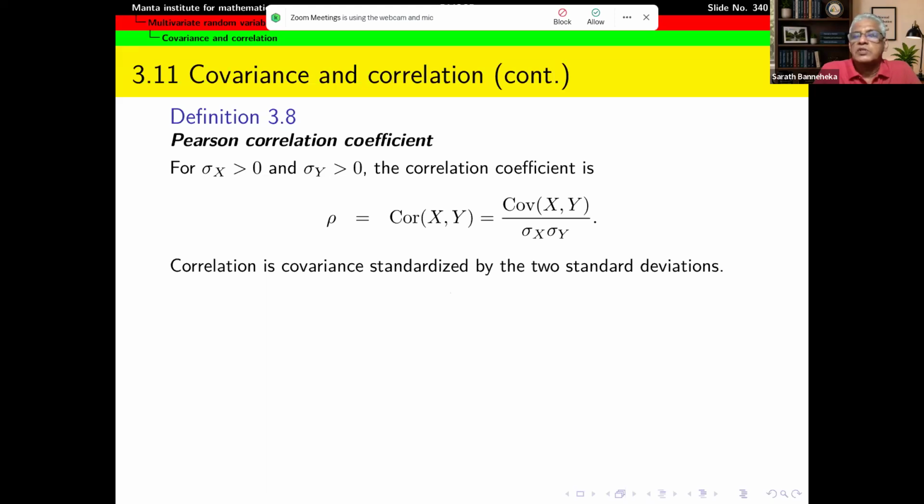If x is measured in grams, say pounds, and y is measured in inches, then for the same observations, but the units are different, the covariance will be a different value because remember that covariance between alpha x and beta y is equal to alpha times beta times the covariance between x and y.